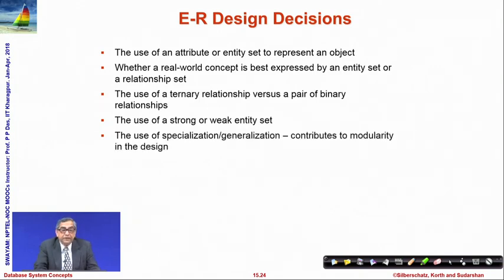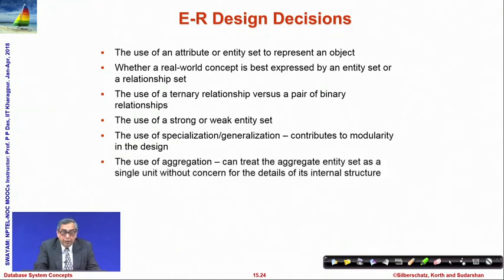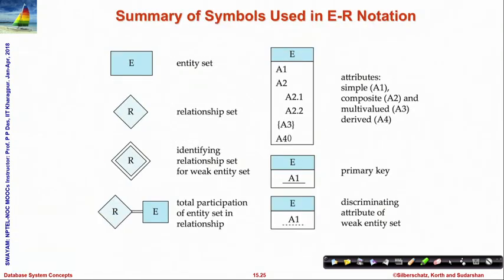We have to identify the specialization generalization situation, so that we can get more specific information and create appropriate modularity in the design. We have to look at aggregation, where we can aggregate entity sets bound by a relationship and create an abstract single unit which can play a role of an independent entity set in the whole design.